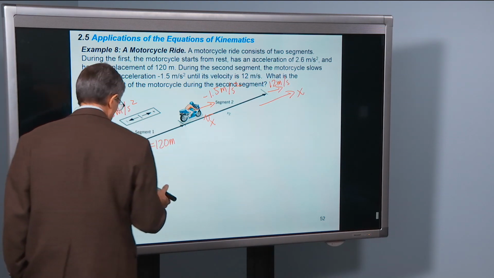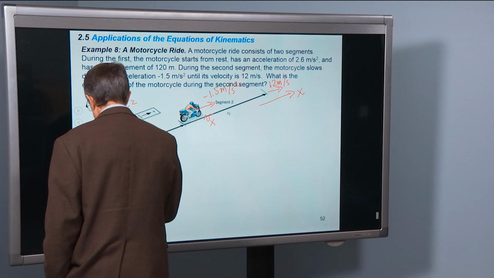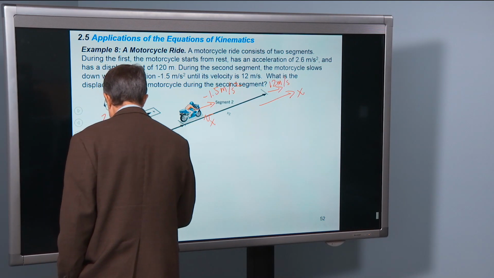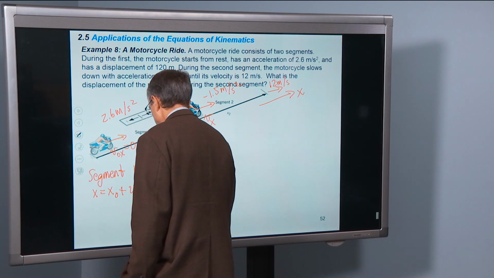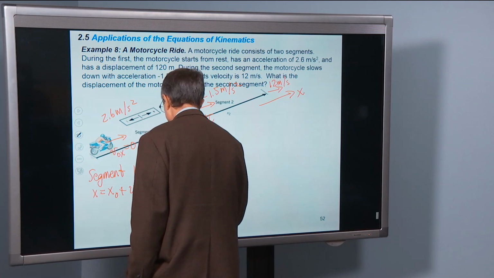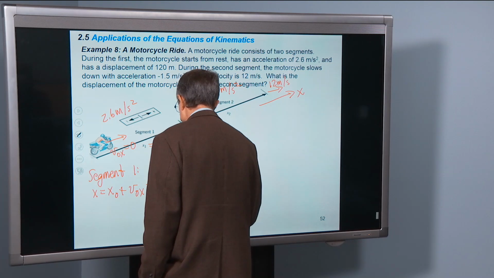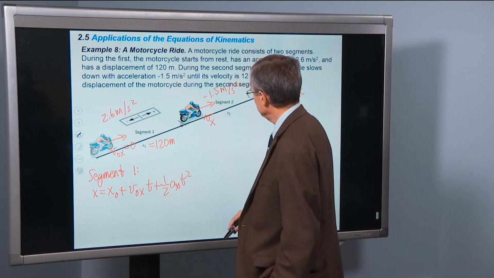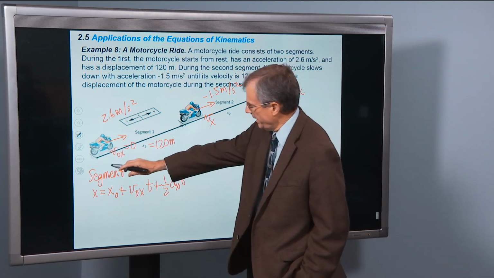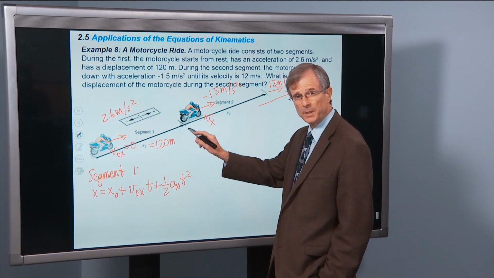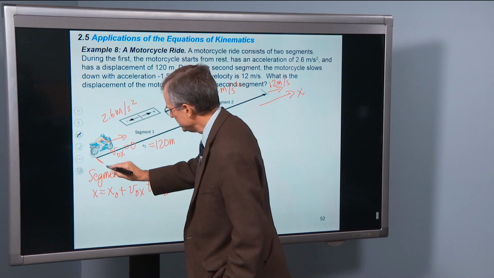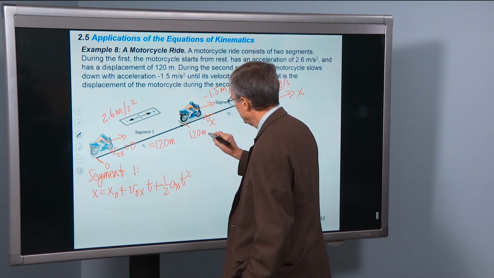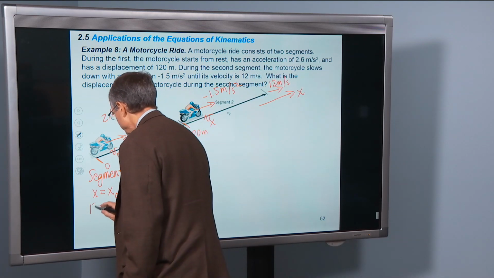we can write the x equation and the velocity equation. X equals x naught plus v naught x t plus 1/2 ax t squared. And the final x is 120 meters. Here's x equals 0. Here's x equals 120 meters. So this is final.